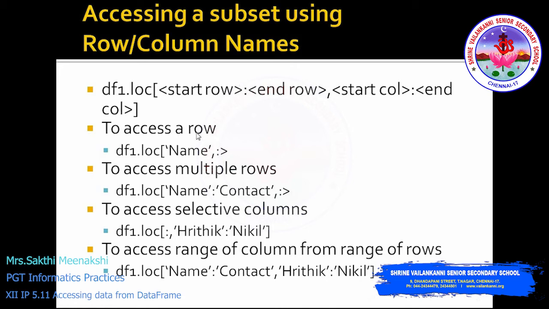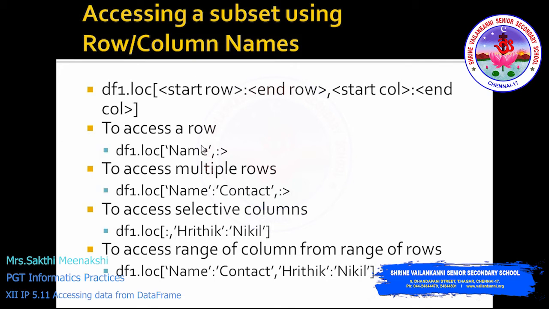So to access a particular row, the example is given: df1.loc['Name']. We need only the Name row output. So if you want the Name row alone, then you have to use the row name. I didn't mention any colon there because we want only that one. If you use the colon, then it goes from that row till the end row, right?